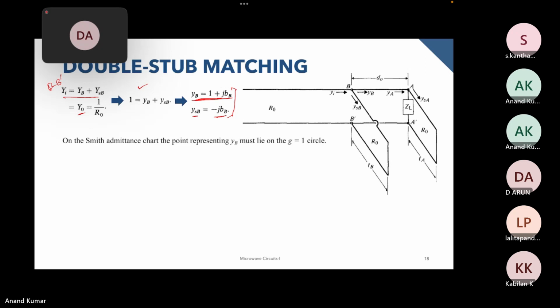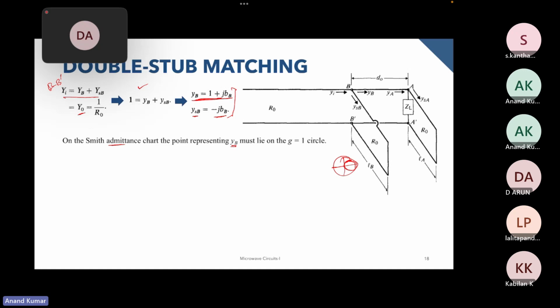Again, remember that we have to use the admittance Smith chart, and on the admittance Smith chart, the point representing YB must lie on the G equal to 1 circle. If you remember, the Smith chart looked something like this, and we had more circles over here.